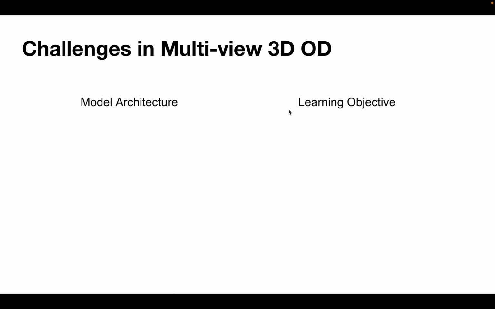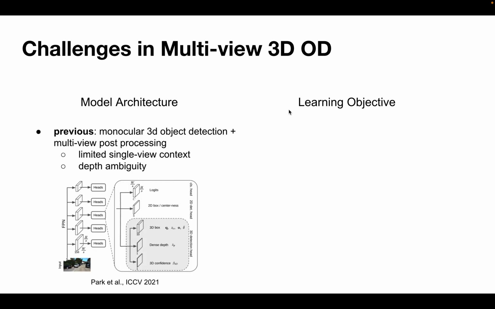First, our work focuses on two main challenges in multi-view 3D object detection, namely model architecture and learning objective. Previously, multi-view 3D object detection is done by first performing monocular detection on each image, followed by a heuristic post-processing to merge the predictions.